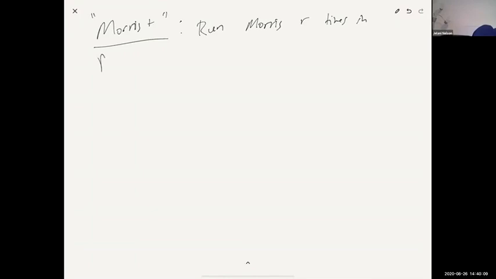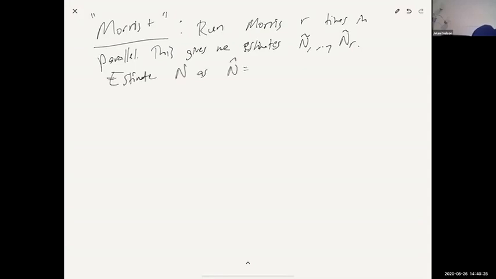Each one is making its own random decisions. This gives me estimates n tilde 1 up to n tilde r. And then I'll estimate n as n hat, which is the average of these.